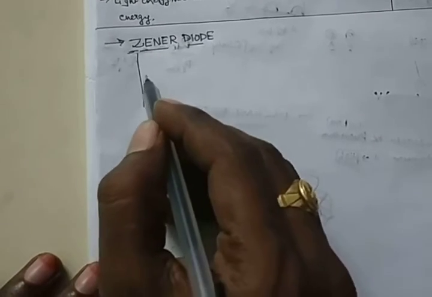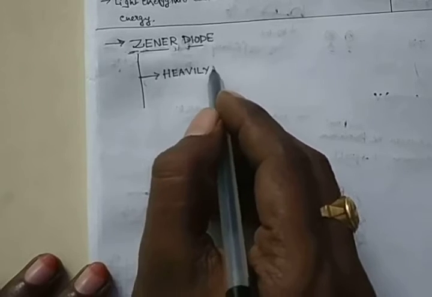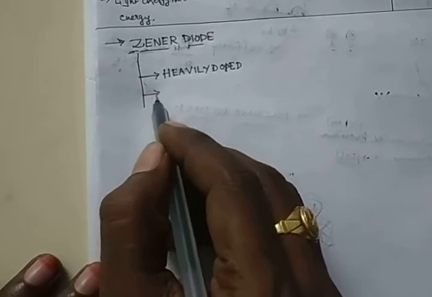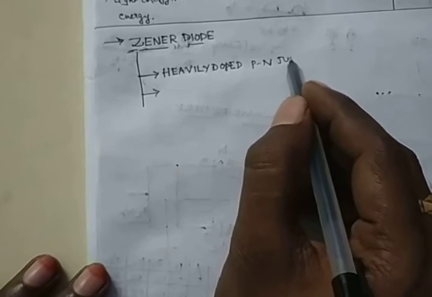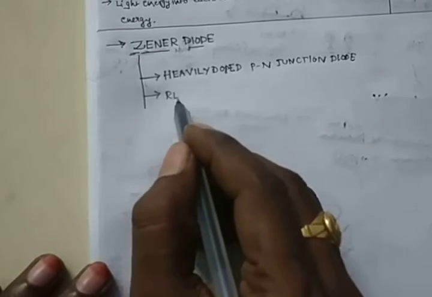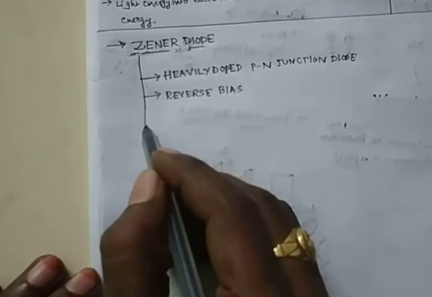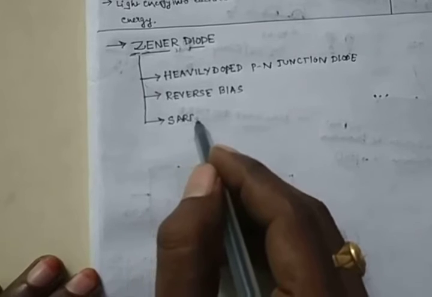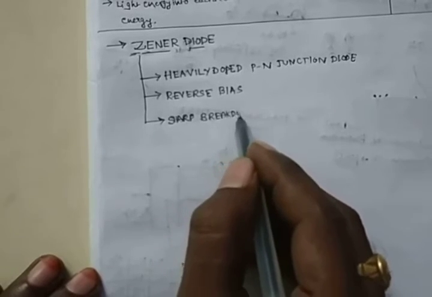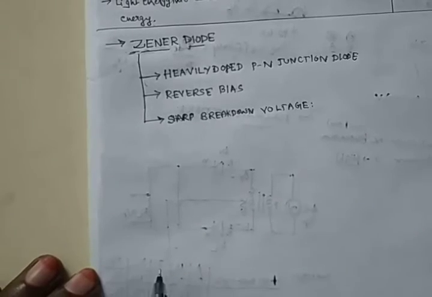There are three characteristics of a Zener diode. It is heavily doped, a heavily doped PN junction diode, working in the reverse bias, and has a sharp breakdown voltage.